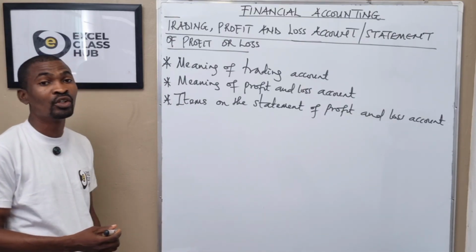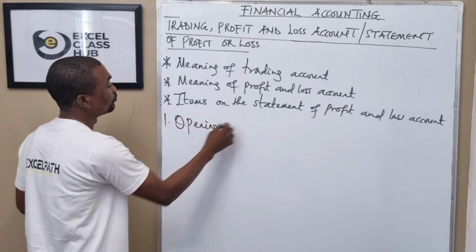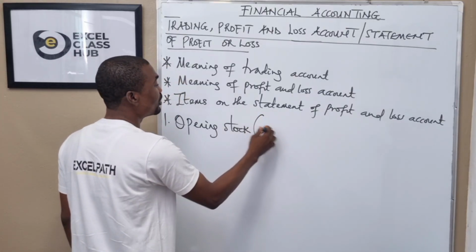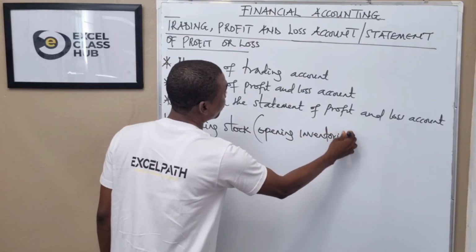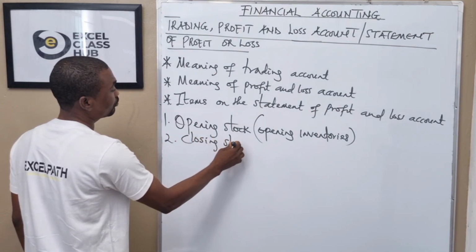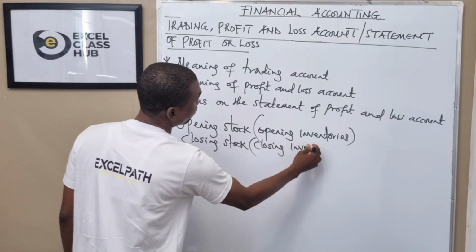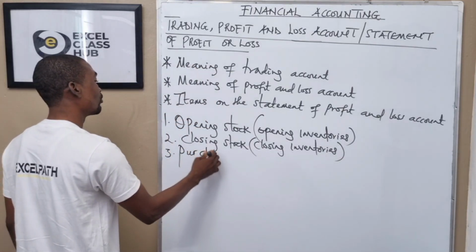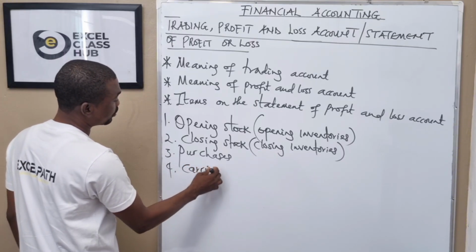The items that we are going to find on the profit and loss account. Number one, we have the opening stock, or you can also call it opening inventories. Number two, we have the closing stock or closing inventories. Number three, we have purchases. Number four, we have carriage inwards.